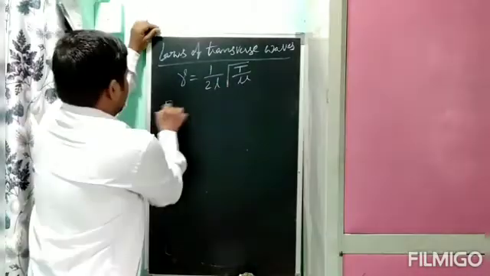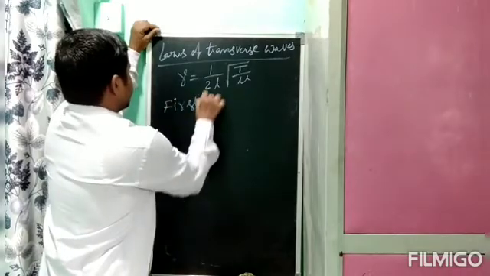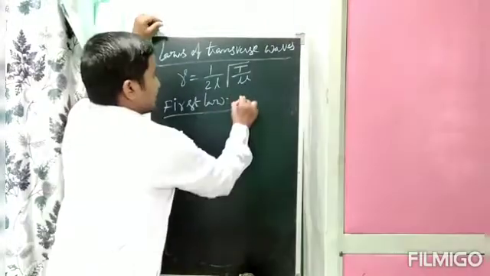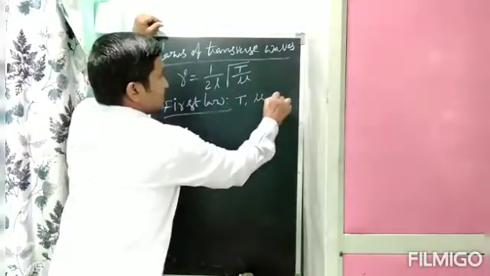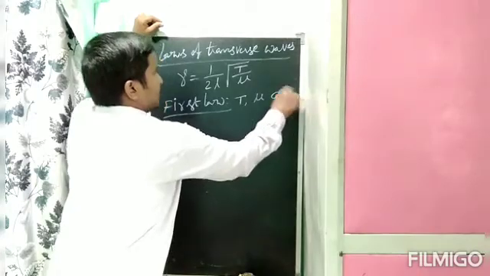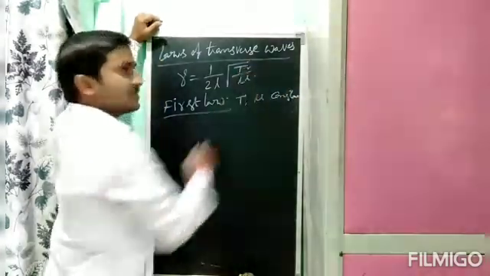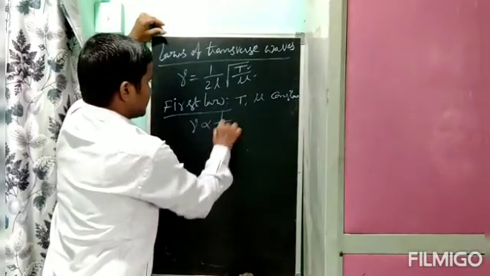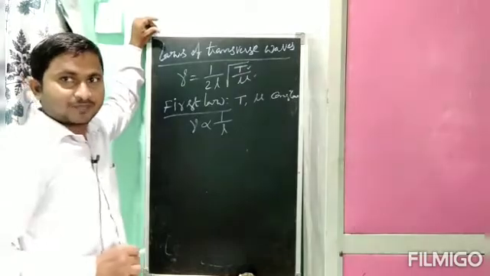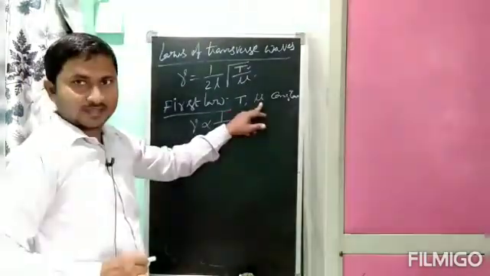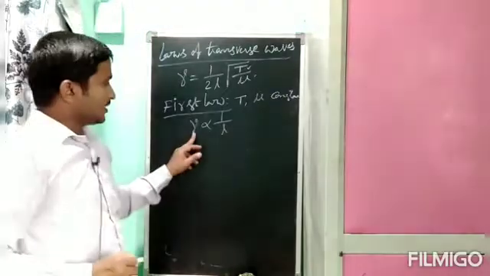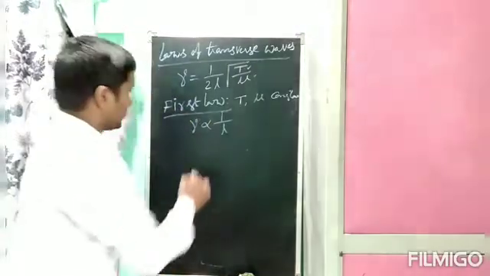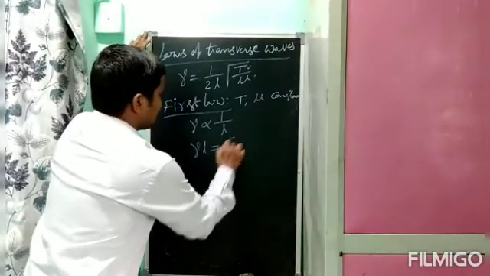From this there are three laws of transverse waves. The first law: when tension and linear density are kept constant, the fundamental frequency is inversely proportional to the vibrating length of the string, or nu into L equals constant.